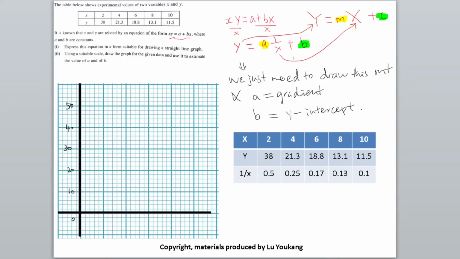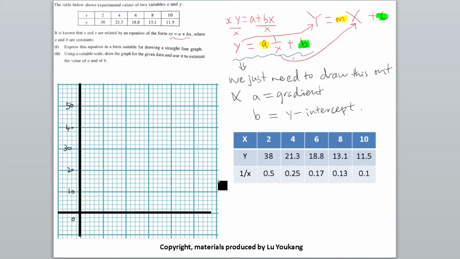So I have tabulated a table with the x values and its y values and its corresponding 1 over x values in the table on the right.